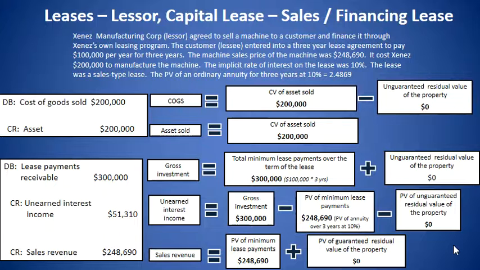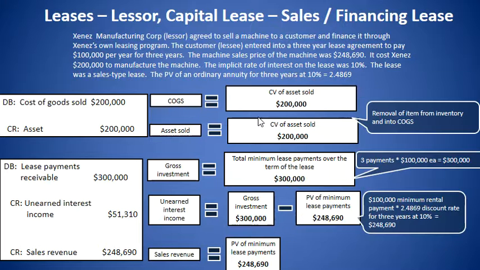Now, there's a lot of boxes here, and you notice a lot of the boxes are zero because they deal with unguaranteed residual value, or in one case present value of guaranteed residual value. If we remove these boxes and forget about the residual value, what we see then is a much simpler calculation. Again, we take a look at the cost of goods sold calculation, and again, it's the carrying value of the asset.